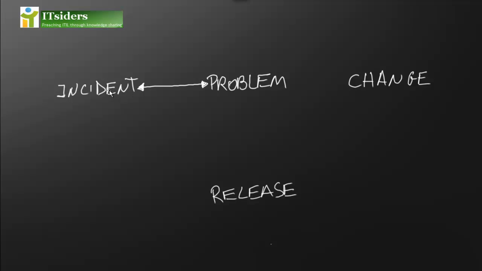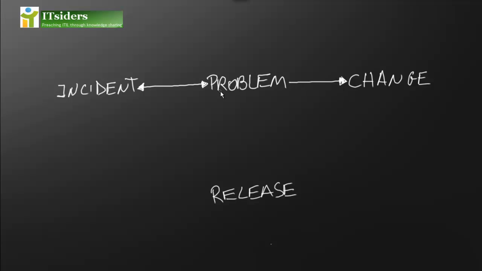A possible next relationship is around problem and change. So for a problem to be fixed, to be completely out of the environment, you will need to do something that will need to have a change, because whatever you're going to do in your infrastructure needs to be controlled, will have an impact.